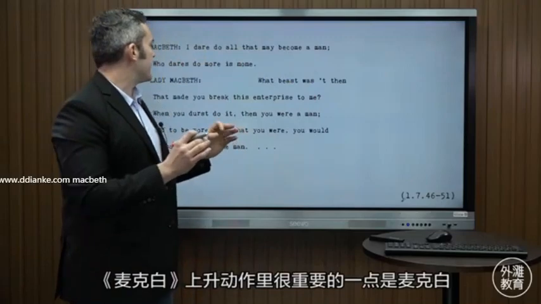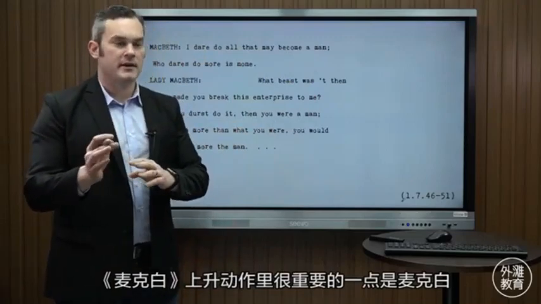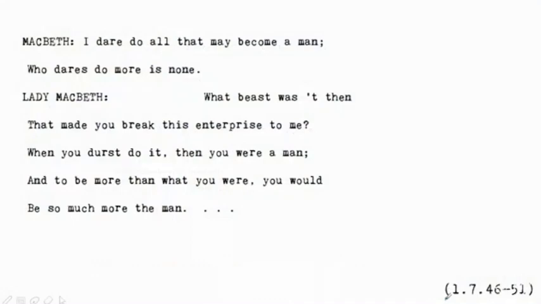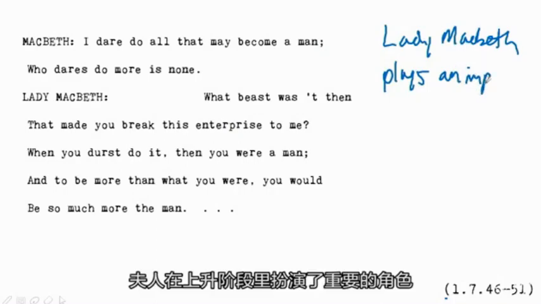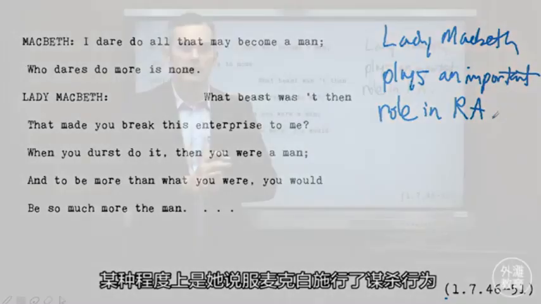And one of the things that's really important about rising action in Macbeth is that Lady Macbeth plays an important role in rising action, right? She convinces Macbeth to go ahead with the murder.